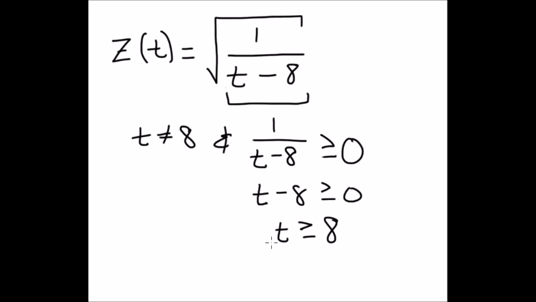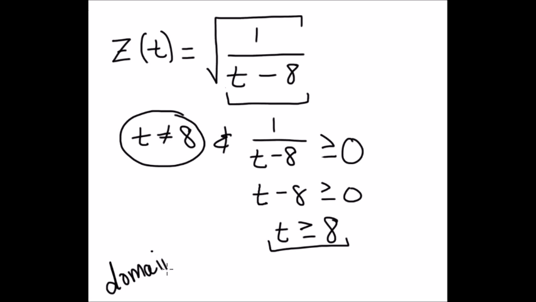If we just had the square root, we would include the value of 8, but in this case, because we have the 8 in the denominator, we need to exclude 8. So the domain of this function, z of t, is going to be the values of t, where t is on the open interval 8 to positive infinity, not including the value of 8 itself.